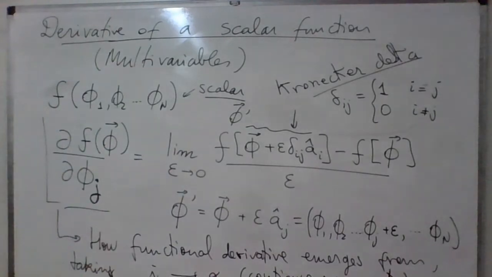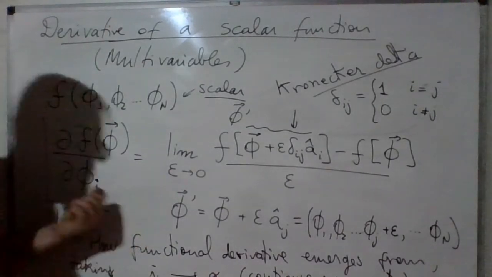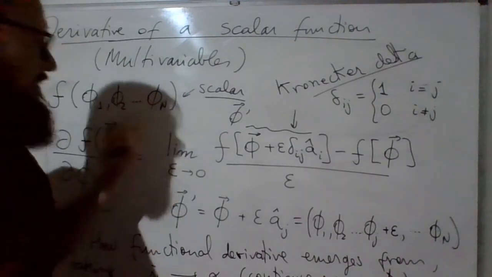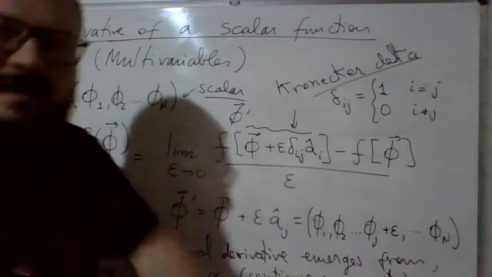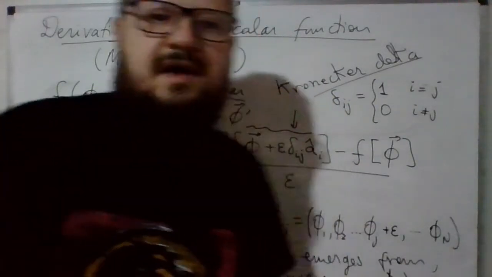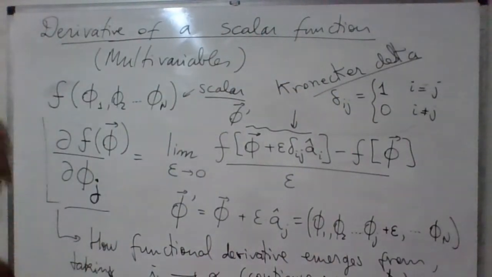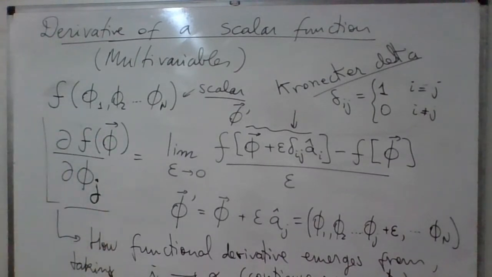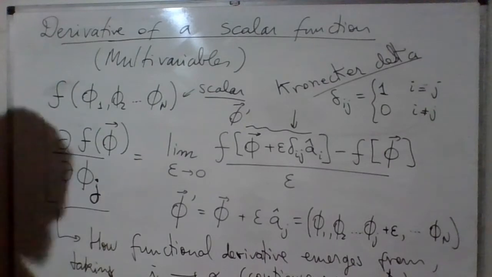What happened in this case? If instead of having a vector indexed by a discrete index, now we have a function, which means j becomes a continuous parameter. What happens in this case?